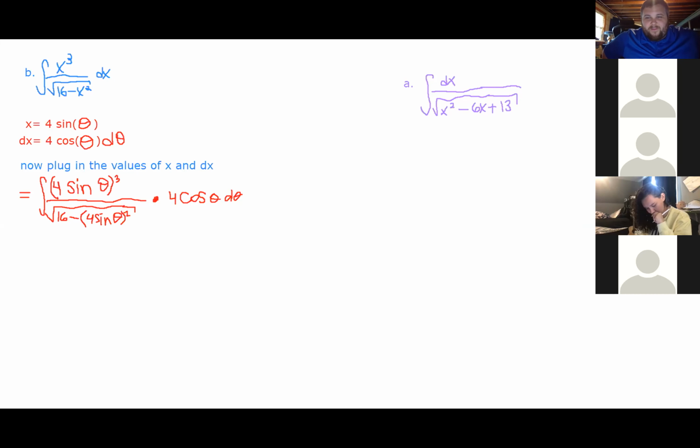I like that you typed everything but the theta, because it's not on the board. Are we going in the right direction? Yeah, it looks good. We just got to simplify it. Okay.